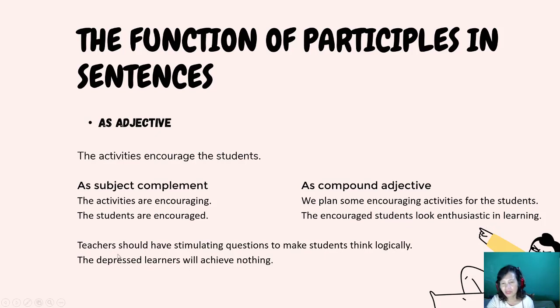Okay, you can also see how to use the compound adjective in the sentence. Teachers should have stimulating questions to make students think logically. Stimulating questions. The questions are stimulating. The depressed learners will achieve nothing.